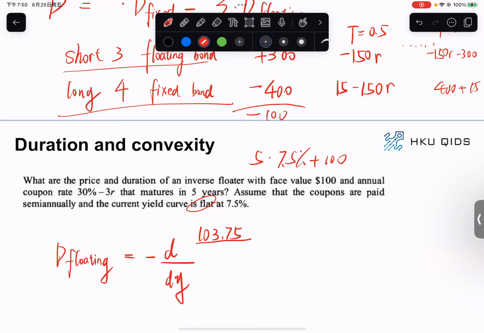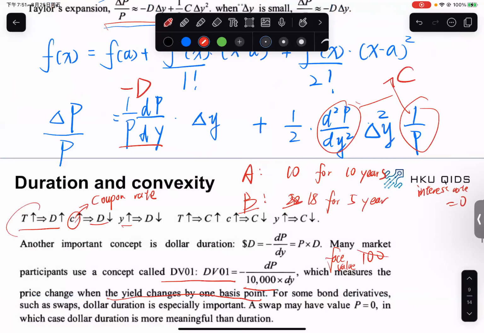And we are going to divide it by 1 plus y divided by 2. Okay, and y is just 7.5%. And basically by getting that, we are going to have something like 48.19. Why is that the case?